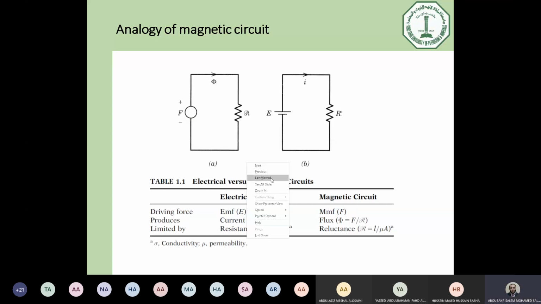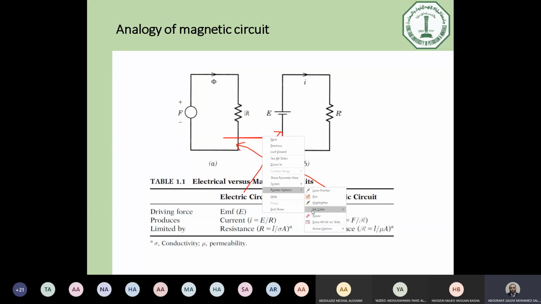I took the table and figure as they are from the reference, but to avoid confusion, this is the magnetic material and this is the electric circuit.